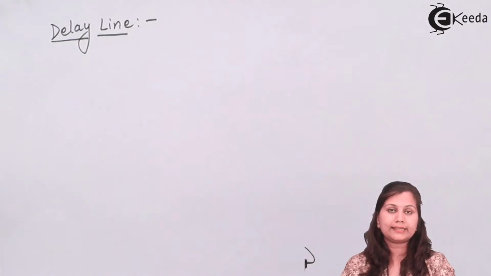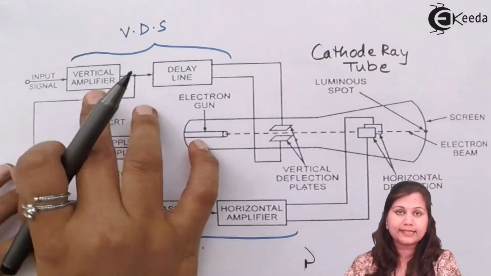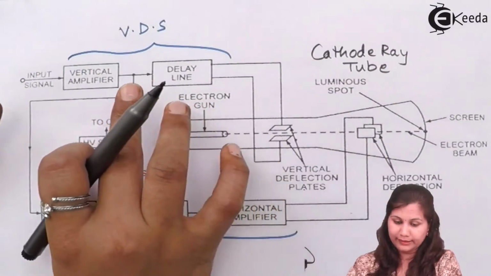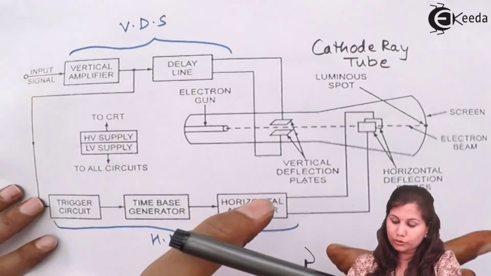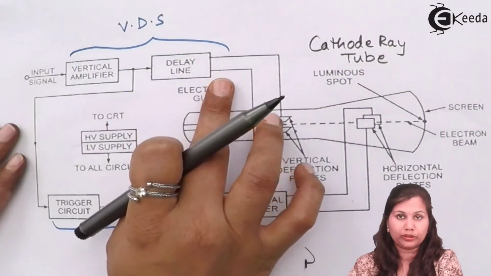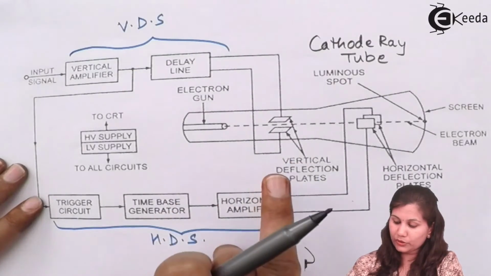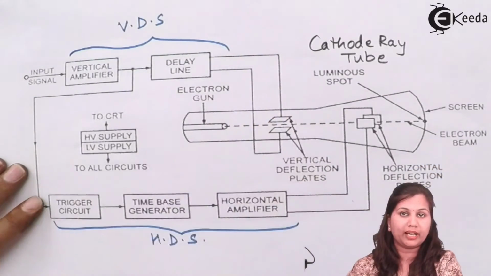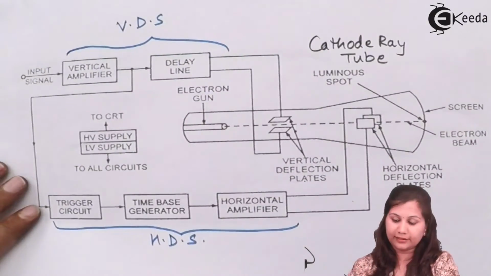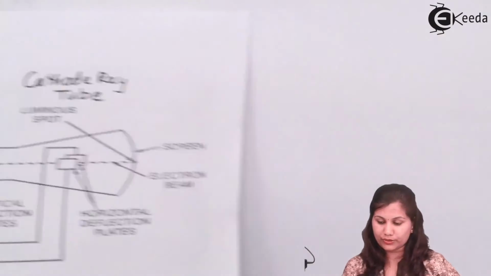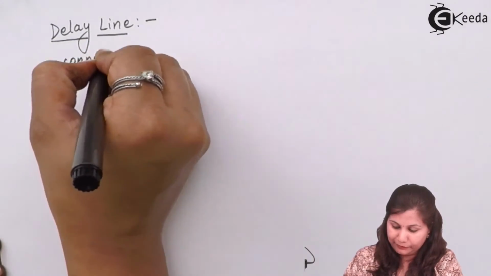This delay line is connected in series with the vertical amplifier, and it introduces a delay in the input signal, so that the vertical input is delayed, and both the horizontal input and vertical input are synchronized. So to introduce a delay in the signal, this delay line is used. It is connected in series with the amplifier.